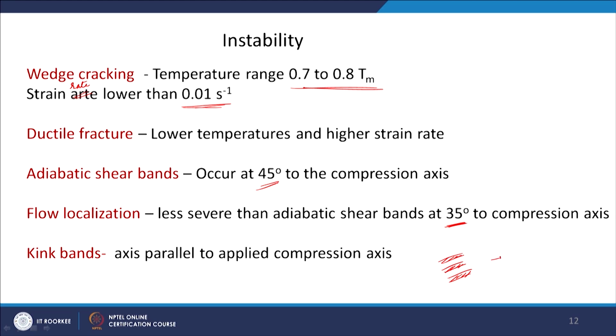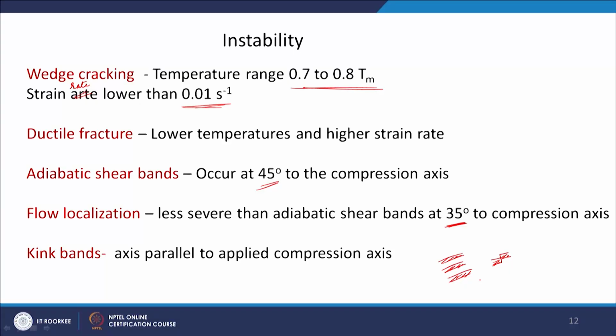So, it becomes something like this, there will be a kink like this. It has kinked. So, this is another kind of defect because later on you can have crack initiation at these points. So, these different instability conditions can arise, and these are the microstructural features for them.